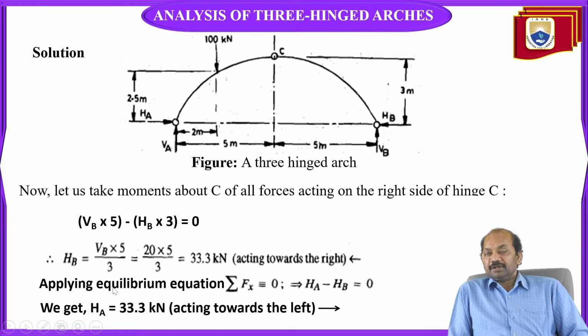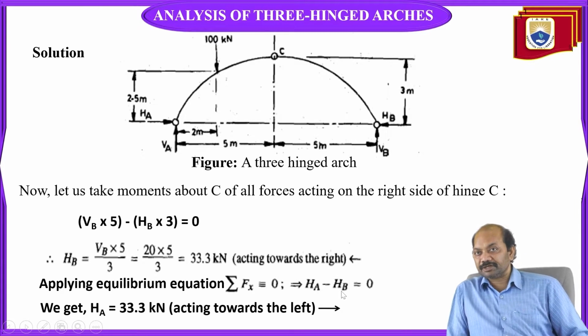Applying next to find out HA. Applying the equilibrium equation, sigma Fx is equal to 0, implies HA is in this direction, because for equilibrium these forces should be opposite in direction. So we can write HA minus HB is equal to 0.